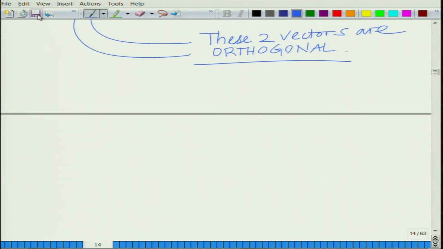Okay. Let us look at another interesting example, this time with respect to complex signals and complex sinusoids. Another very important example: consider the complex sinusoids.